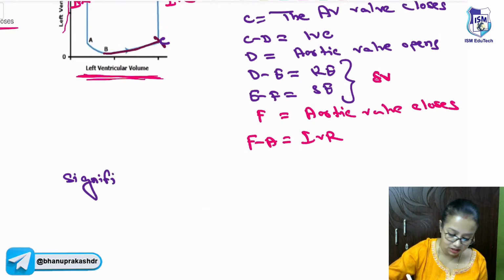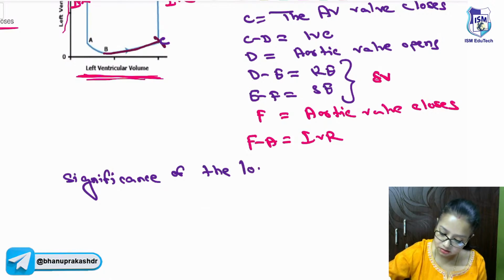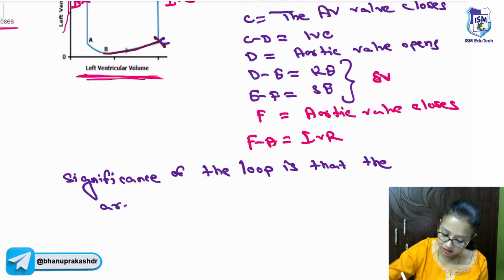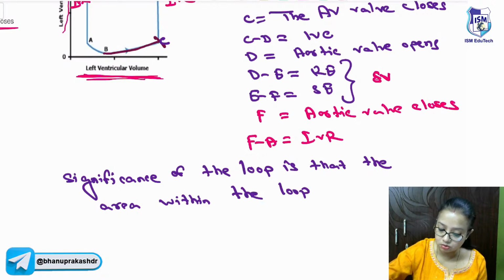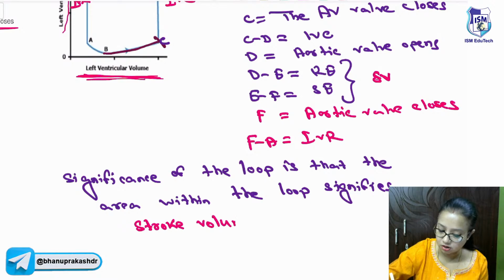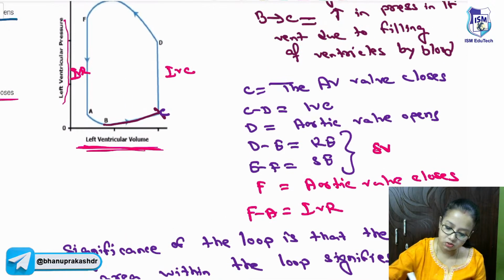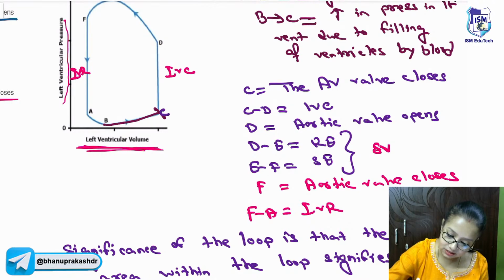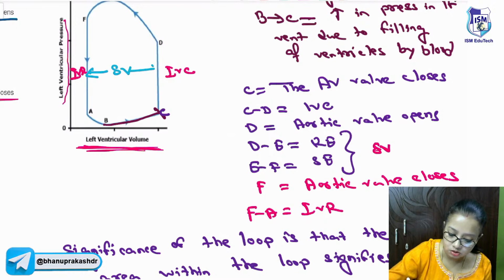The significance of the loop is that the area within the loop signifies the stroke volume.